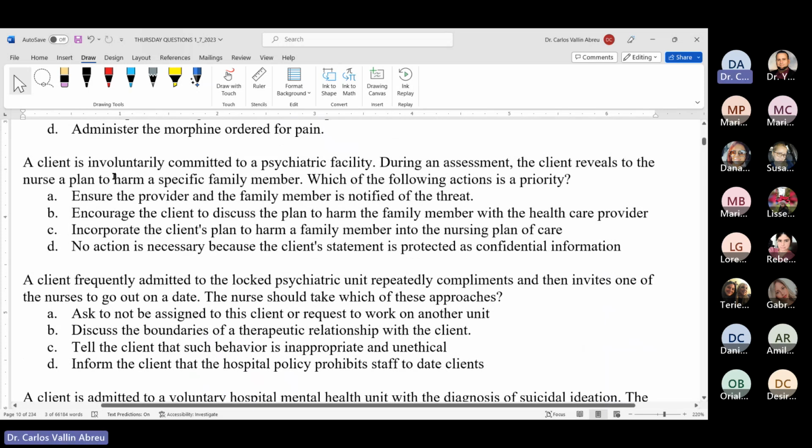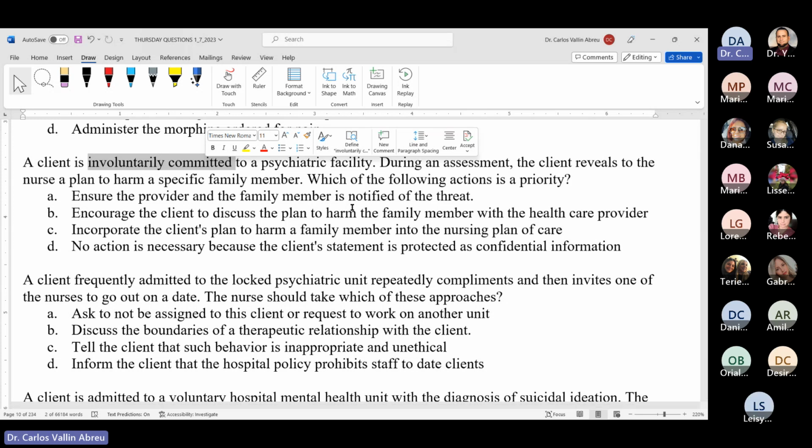A client is involuntarily committed to a psychiatric facility. Guys, maybe you don't master this term. This is what you used to call Baker Act. I noticed that my students call this Baker Act.